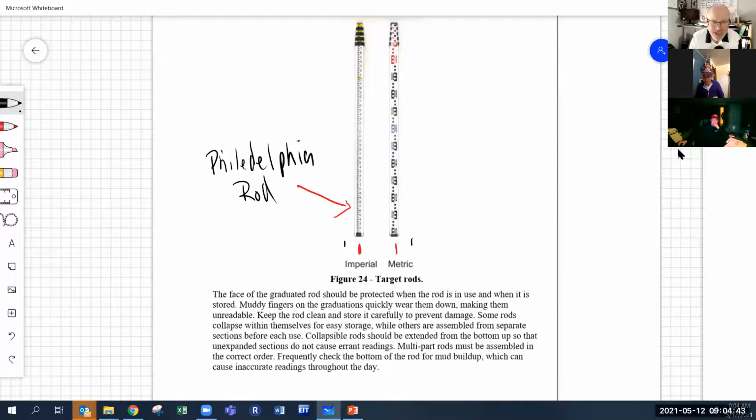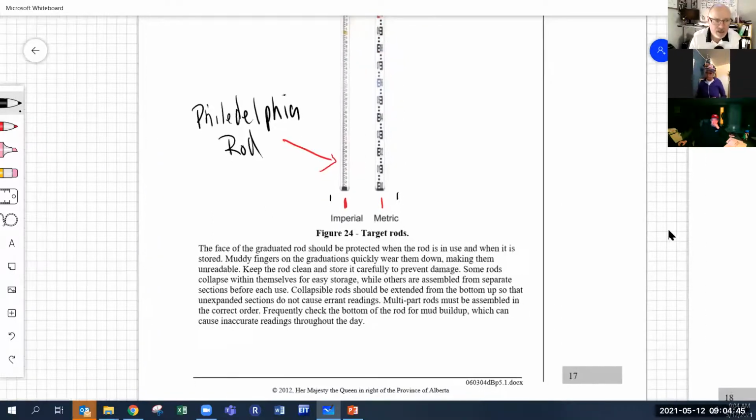So the face of this graduated rod, graduated meaning it has graduations on it, little indications of measurements, should be protected when your rod is not in use and when it's stored. Listen, muddy fingers quickly wear the numbers and the graduations down, making them unreadable. So your rod should be kept clean and stored to prevent damage.